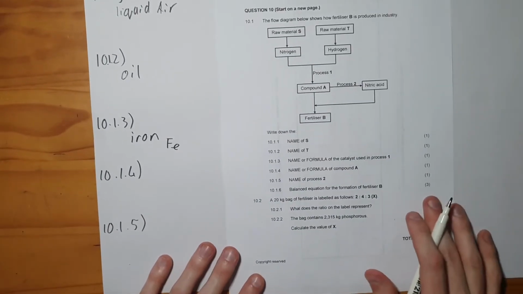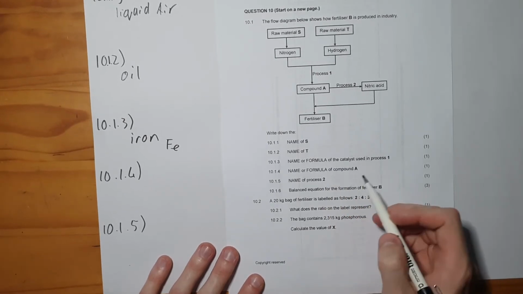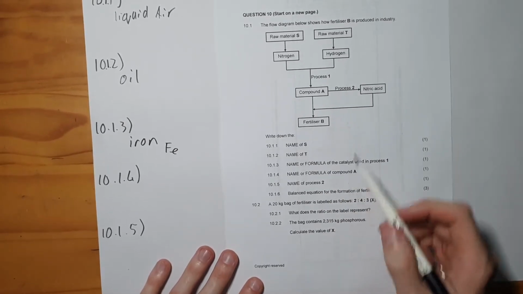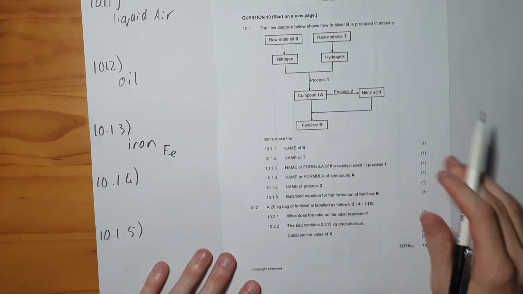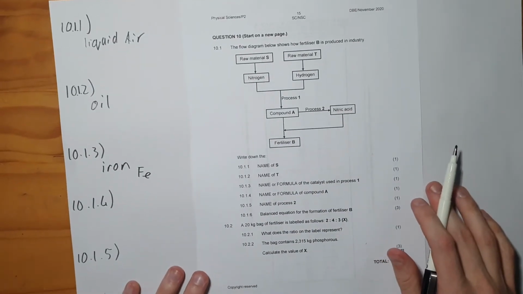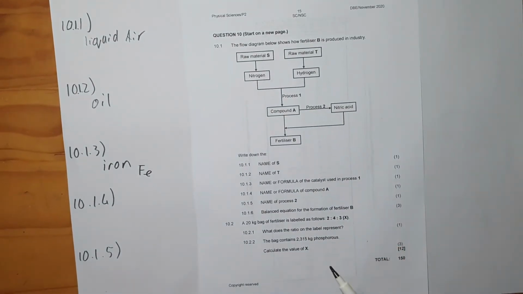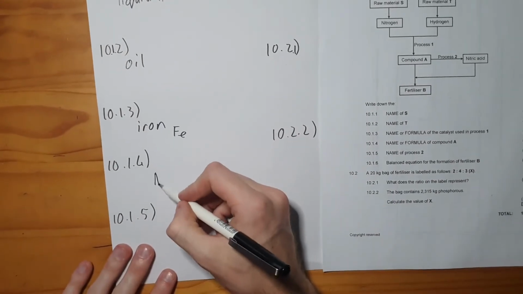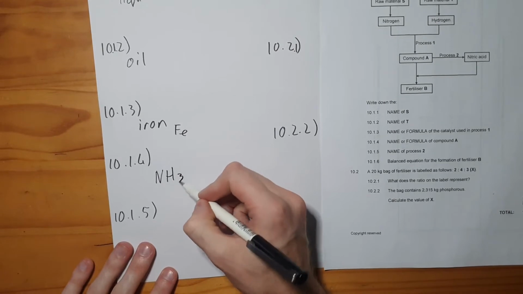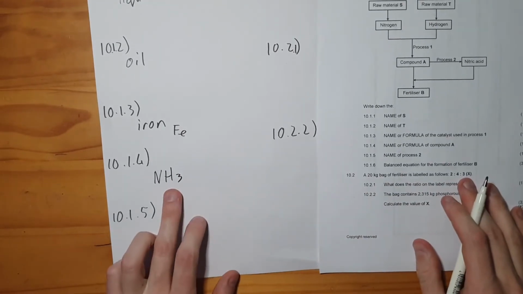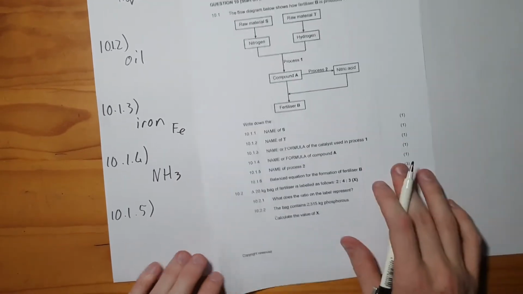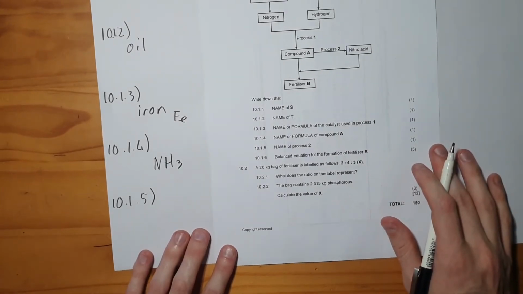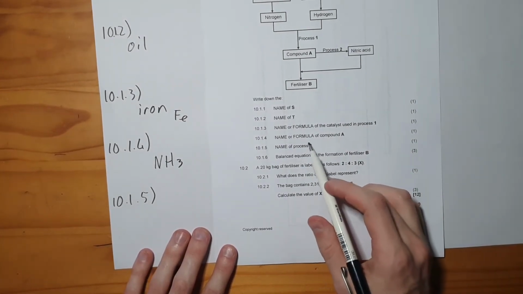Now 10.1.4 says name or the formula for compound A. Compound A is the final product produced by the Haber process, and this is ammonia, or NH3. That's what the final product from the Haber process is. Now 10.1.5 says name the process for number 2.